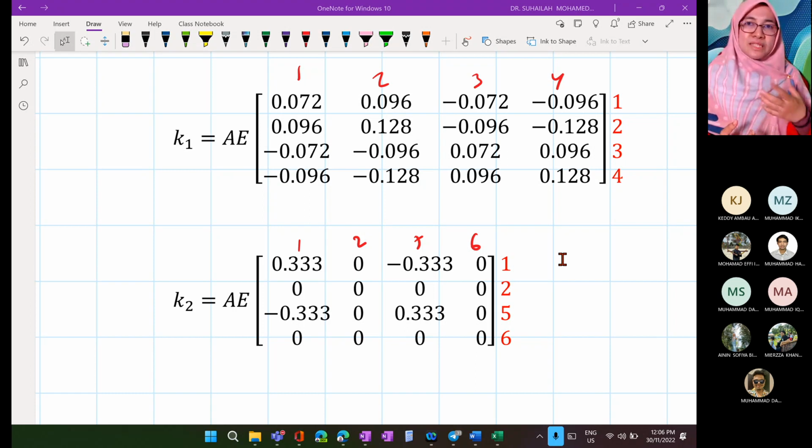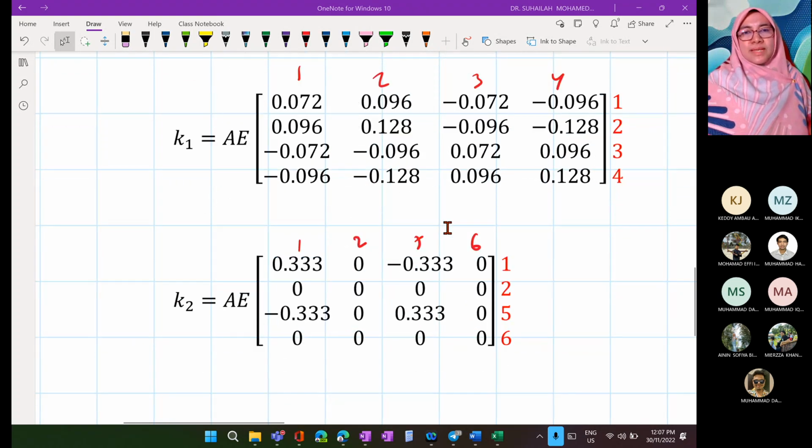We produce element stiffness matrix K1 and K2. Then when we want to analyze the whole structure, displacement, reaction at the support, we have to combine back these element stiffness matrices to produce structure stiffness matrix.